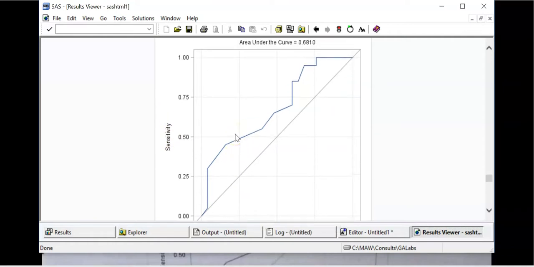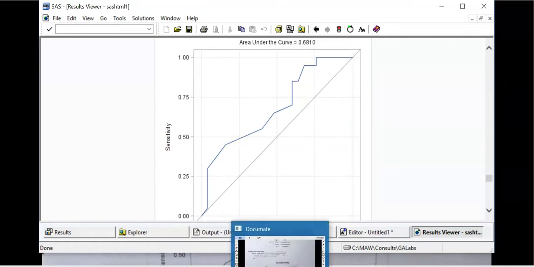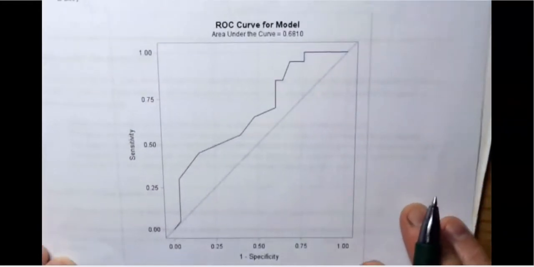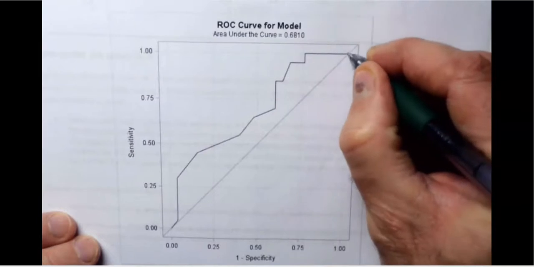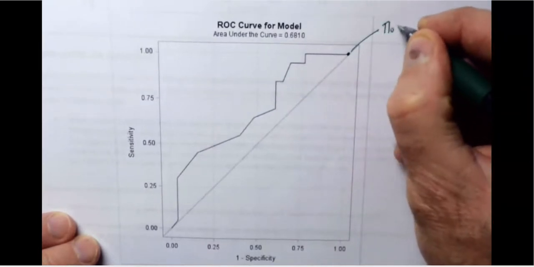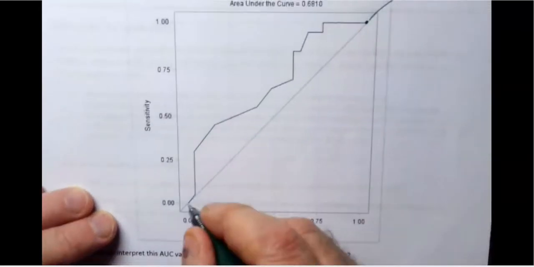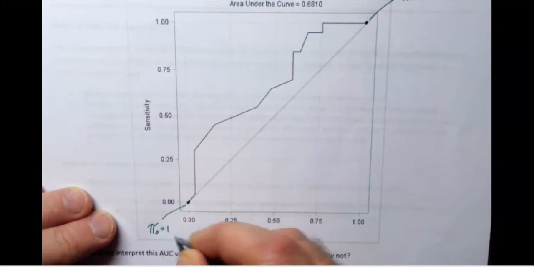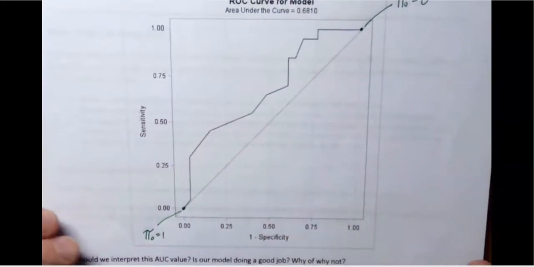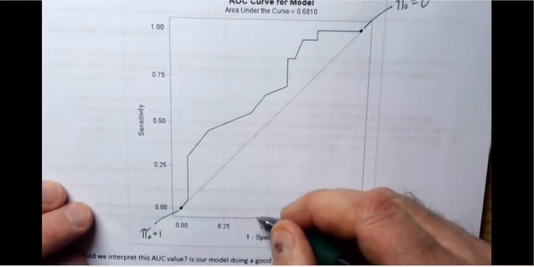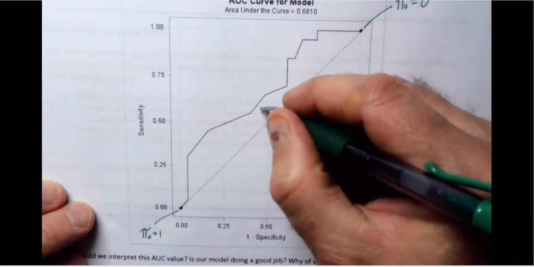Okay. And I've reproduced this in the notes, so let me jump back to the notes here. Here's that same picture. So remember that this point is the same as using a cutoff of pi 0 equals 0. This 0, 0 point is the same as using a cutoff of pi 0 equals 1. And our point that we plotted was about 0.4, 0.55.